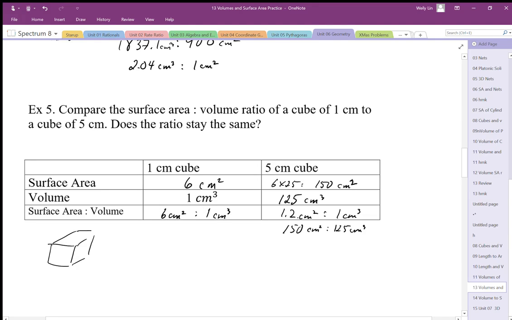Okay, so in general, do the ratios stay the same? No. Larger objects have less surface area to volume. We'll say a smaller surface area to volume ratio. Okay, so when we change the size, keep the shape the same, but change the size, this will affect the surface area to volume ratio.